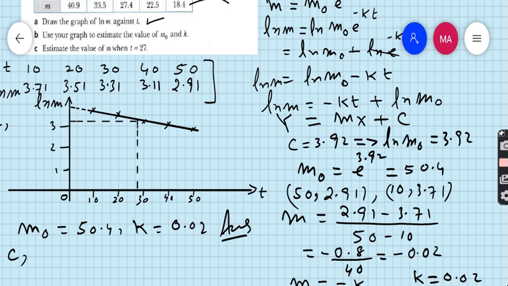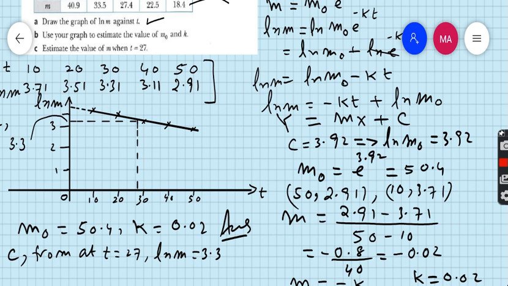This is 3. So this point, and this is 3.5. This one 3.5. So this value should be 3.3. So from the graph at t is equals to 27, the value of ln m is equals to 3.3.